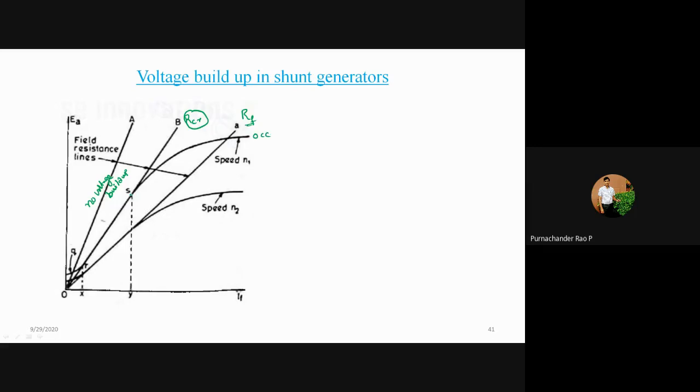Then I'll take 3 points here. This is the point S, which is taken on the open circuit characteristics, and this is the point T on the RF line, and this is the point Y on the field current.